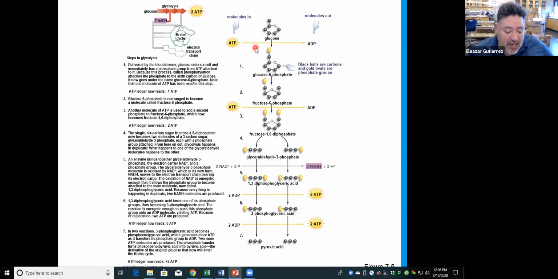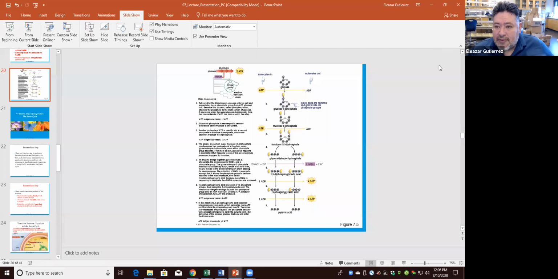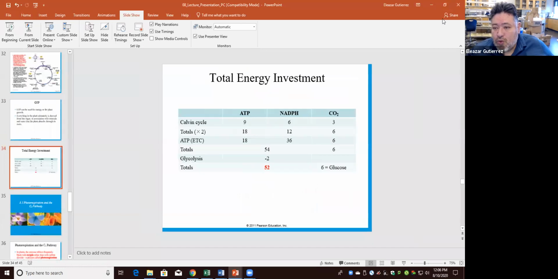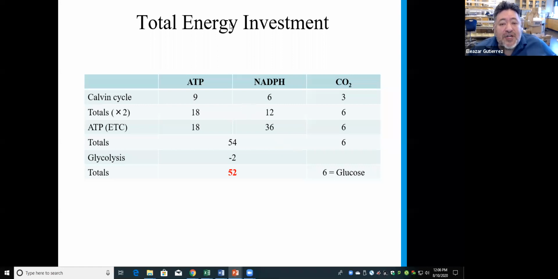Are you guys with me? We're making 2 ATPs. Now here's the thing. This is energy investment, not energy production. So if we're to make 2 ATPs, that's a production, not an investment. So in glycolysis, instead of adding 2, we have to subtract 2.